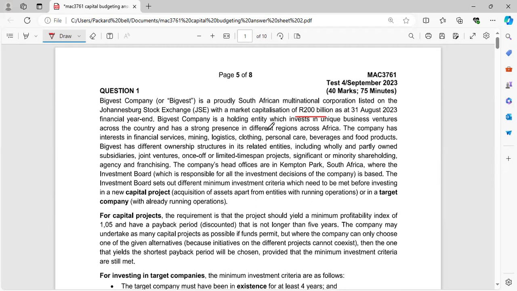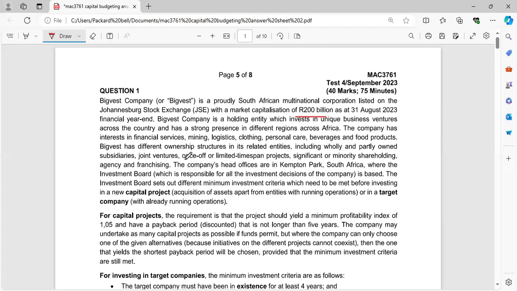The company is a holding entity which invests in unique business ventures across the country and has a strong presence in different regions across Africa. The company has interest in financial service, mining, logistics, clothing, personal care, beverages, and food products.